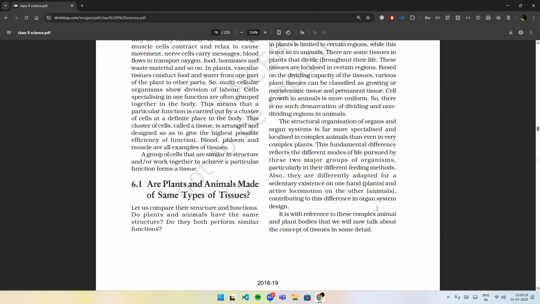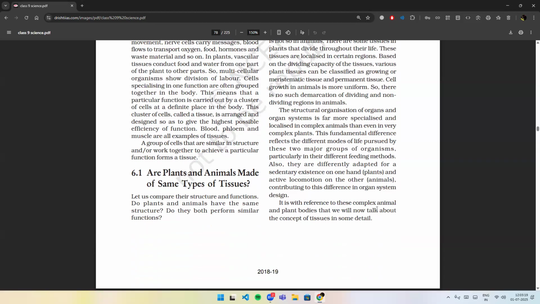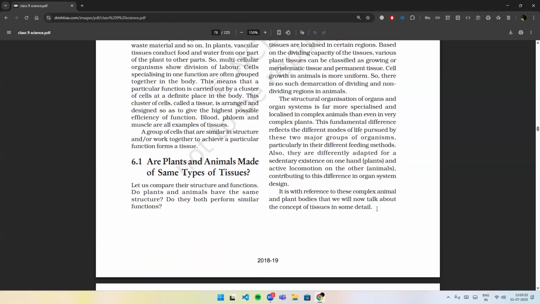The structural organization of organs and complex organ systems is far more specialized and localized in complex animals than even in very complex plants. This fundamental difference reflects the different modes of life pursued by these two major groups of organisms, particularly in their different feeding methods.